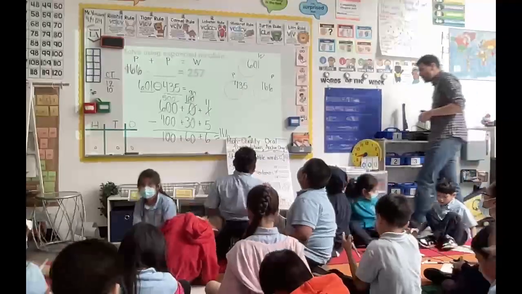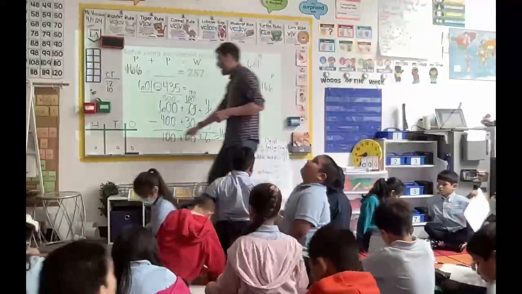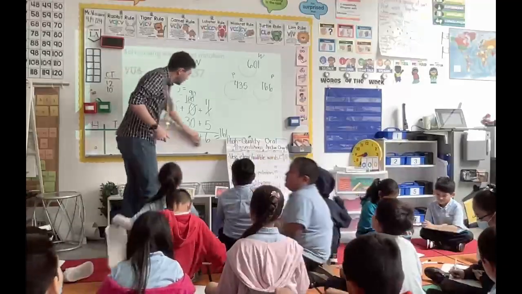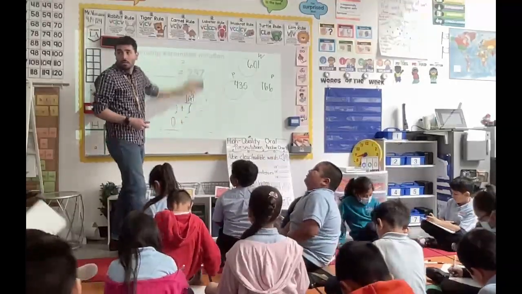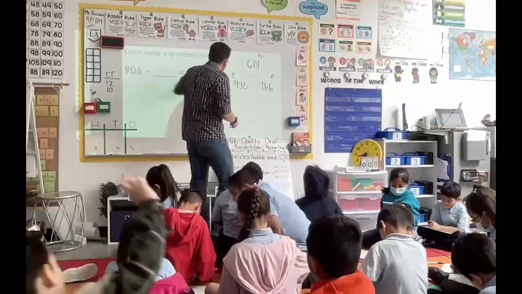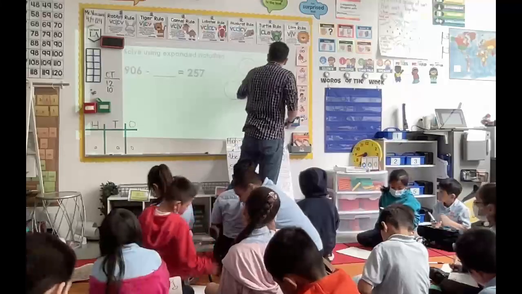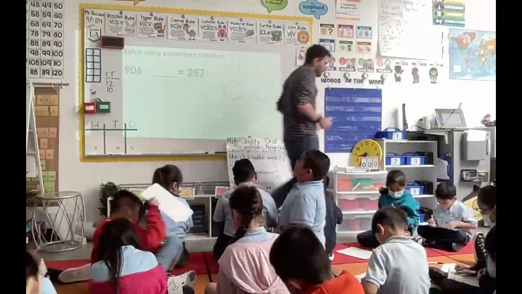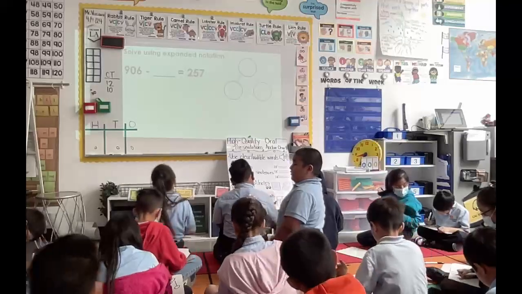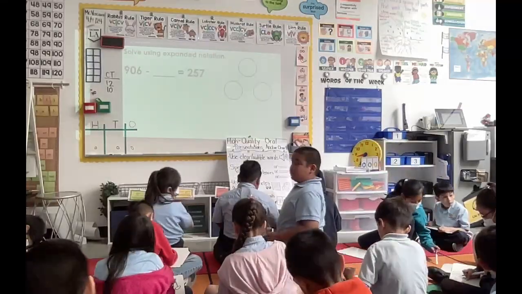And let's go ahead and write this number sentence and number bond. Write this sentence and the number bond. I can't hear you.